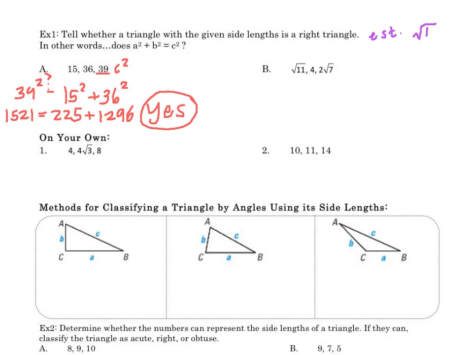You base it on the fact that 11 is between two perfect squares that we already know: 9, whose square root is 3, and 16, whose square root is 4. So the square root of 11 is somewhere between 3 and 4.